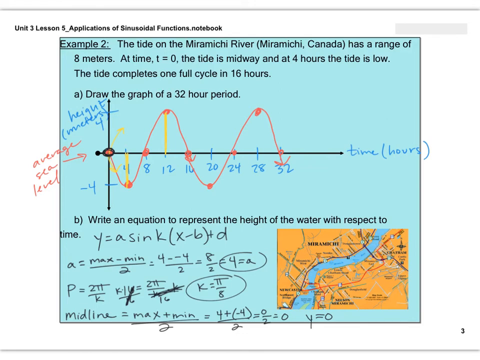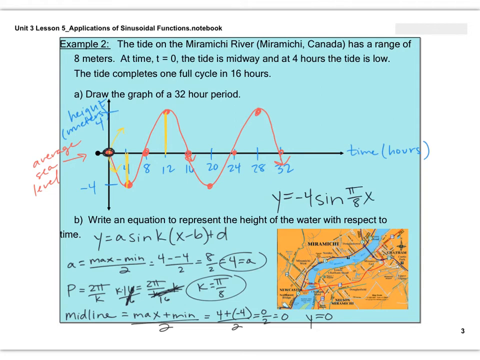So I think we have everything we need to write the equation. And so here we go. I'm just going to put it up above the map. So it's going to go y equals. Now the amplitude is 4, but it reflects over the x-axis, so it has to be negative 4. Sine. Do we have a k? Yes, we do. Pi over 8. Then x.